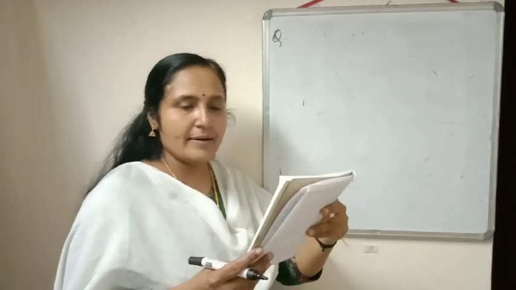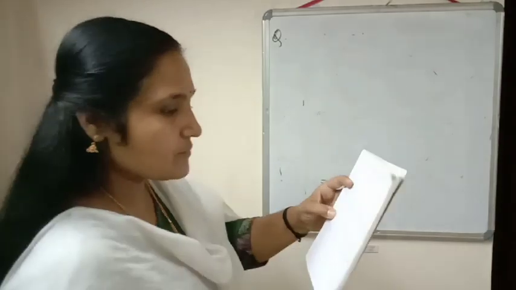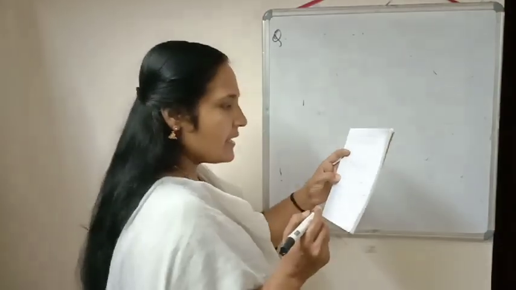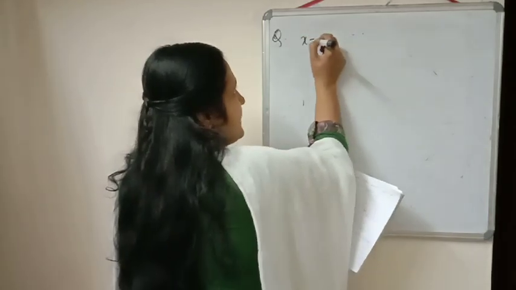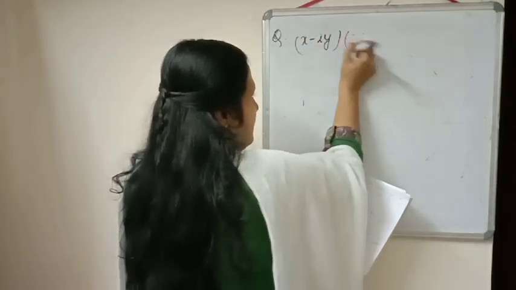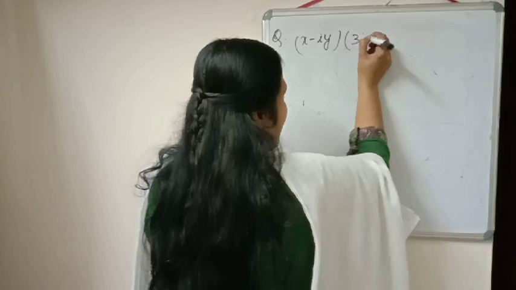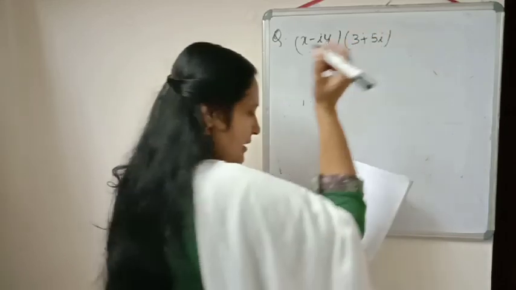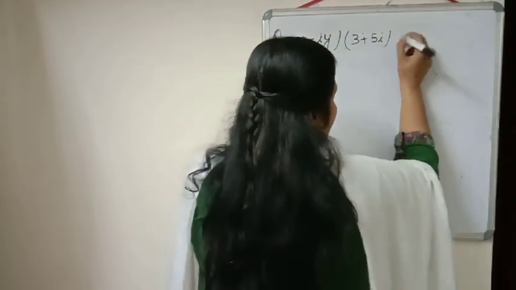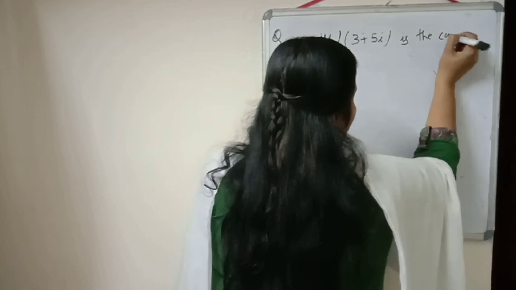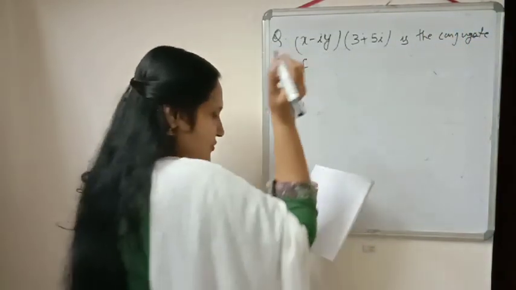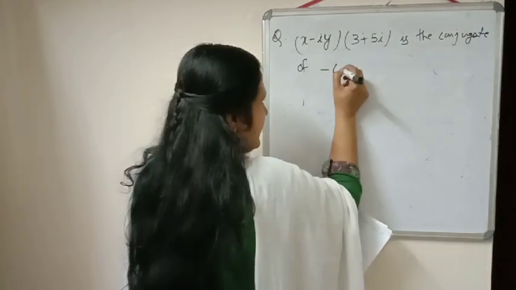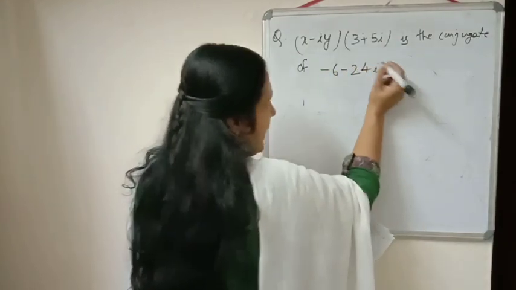Now all of you write the next question. Find real numbers x and y if (x minus iy) into (3 plus 5i) is the conjugate of minus 6 minus 24i.